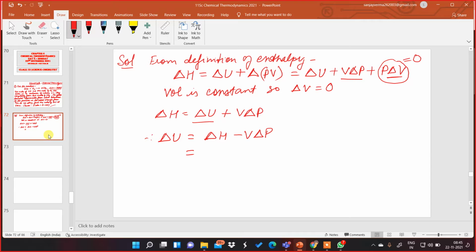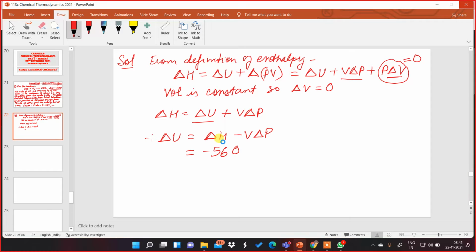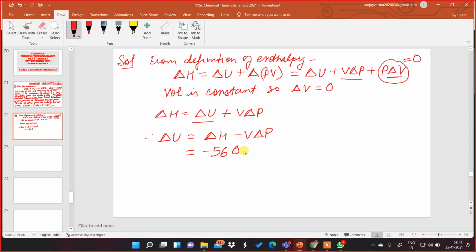So delta H value is given in the question, negative value, minus 560. Then after that put the other values. Volume is 1 liter. And then the change of pressure is from 70 to 40.